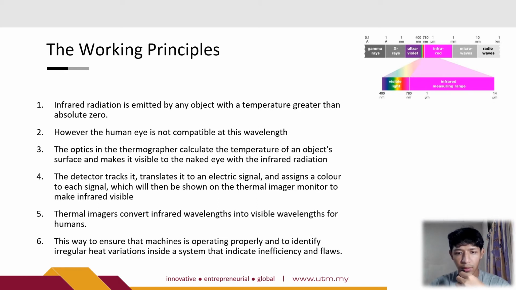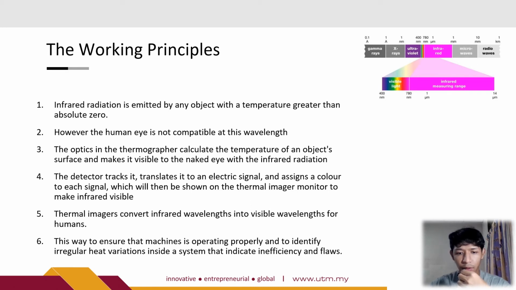To translate this, we need an instrument. The optics in the thermographer calculate the temperature of an object surface and make it visible to the naked eye. The detector tracks the radiation, translates it to an electric signal and assigns a color to each signal, which is then shown on the thermal imager monitor to make infrared visible.